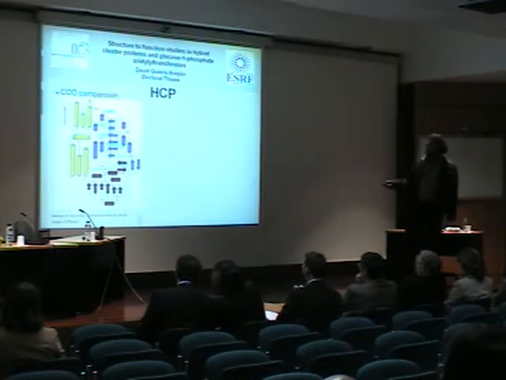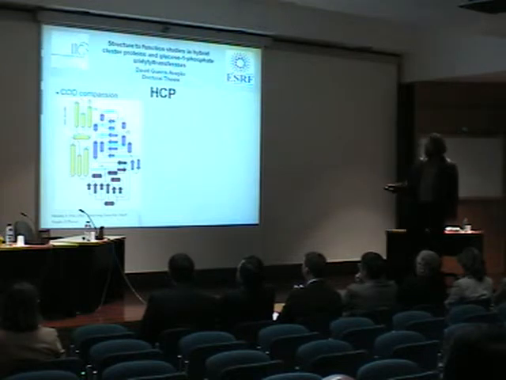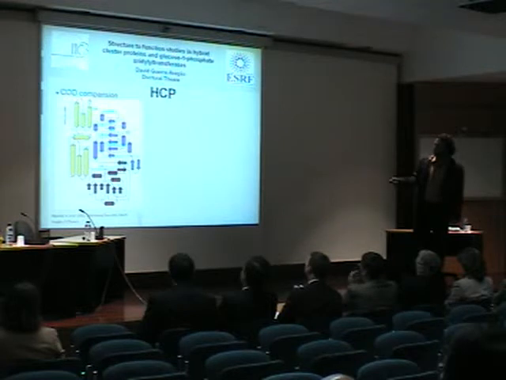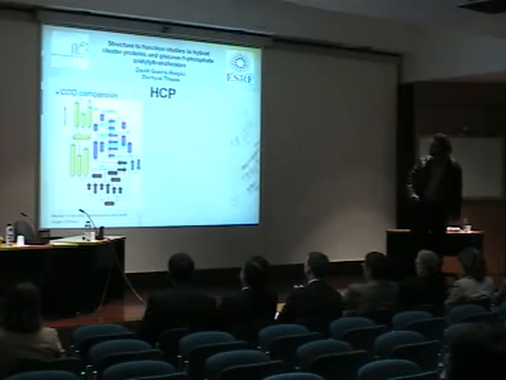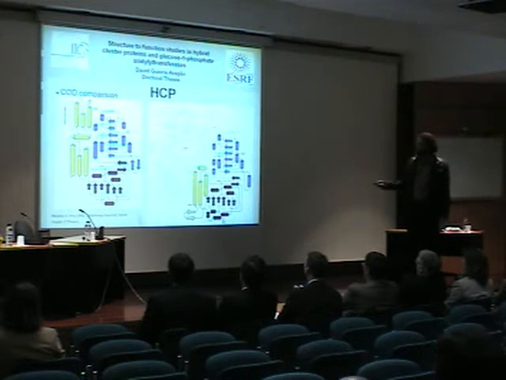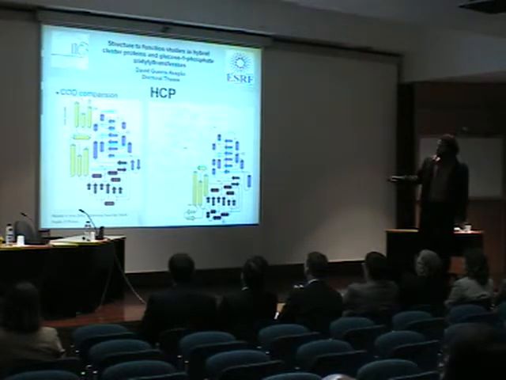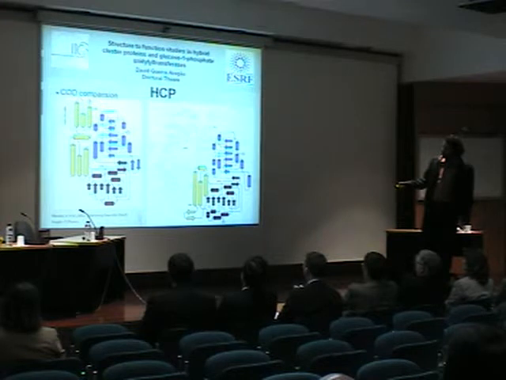So this is the Polish diagram that I showed before. This is the helix bundle that does exist in the CODHs, and it has the cubane bound. So maybe the CODHs don't have this cubane. Well, actually, some of the CODHs dimerize, and when they dimerize, they get back this helix bundle from the monomer B. And then they have this cubane cluster that is very similar to the cubane cluster in the HCP, and it's at the same distance from the hybrid cluster, so it probably transfers electrons to the hybrid cluster, as in the HCP.